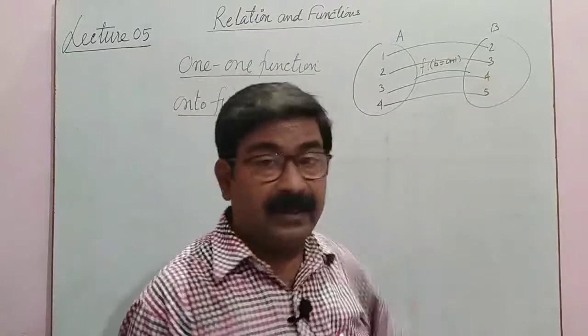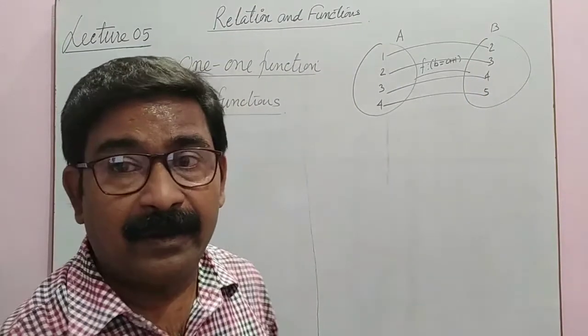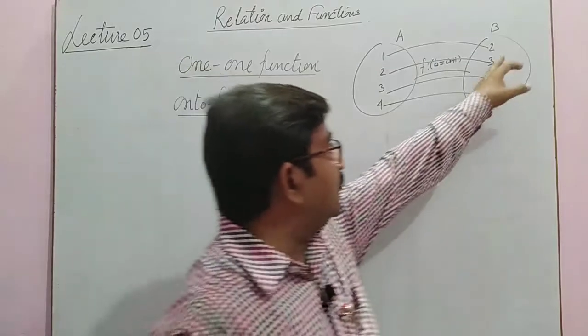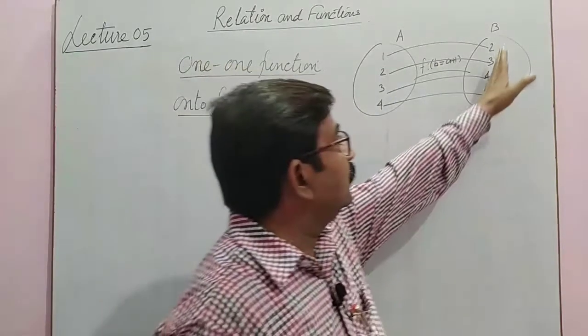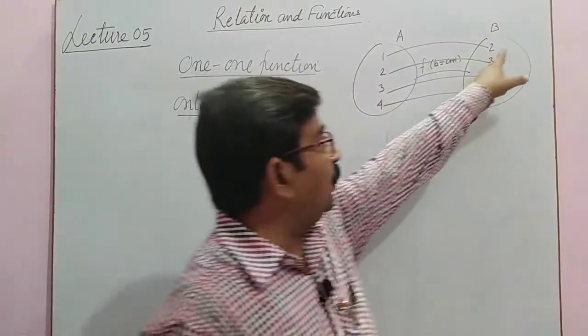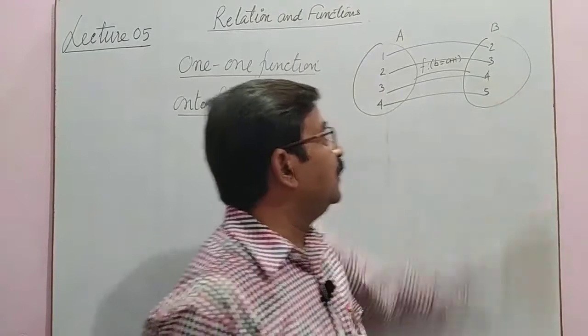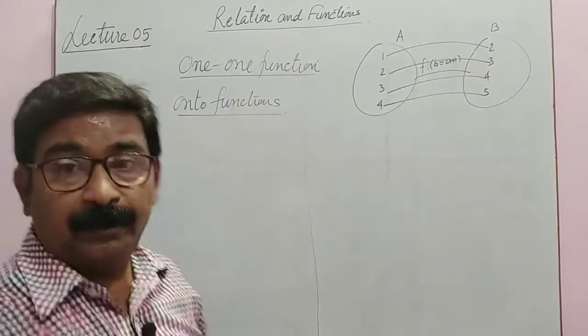In the second set, if there is no element left without a pair, like this, we have 2, 3, 4, 5, only this much, and all images have a pre-image. So if no element is left here, this kind of function is called an onto function.